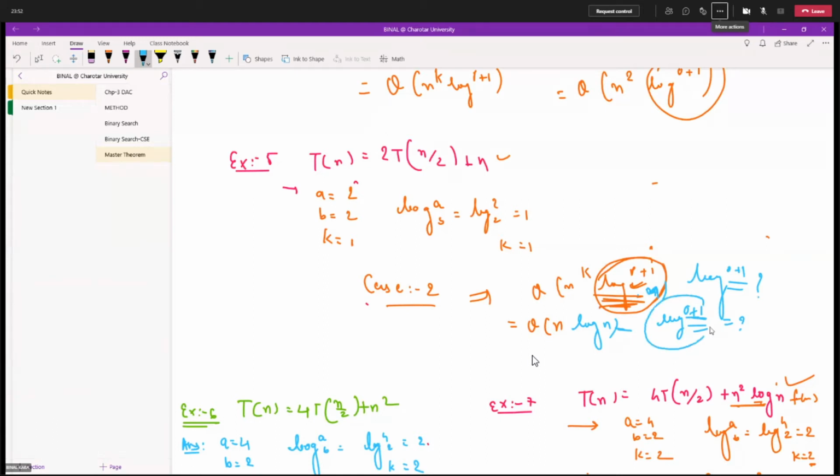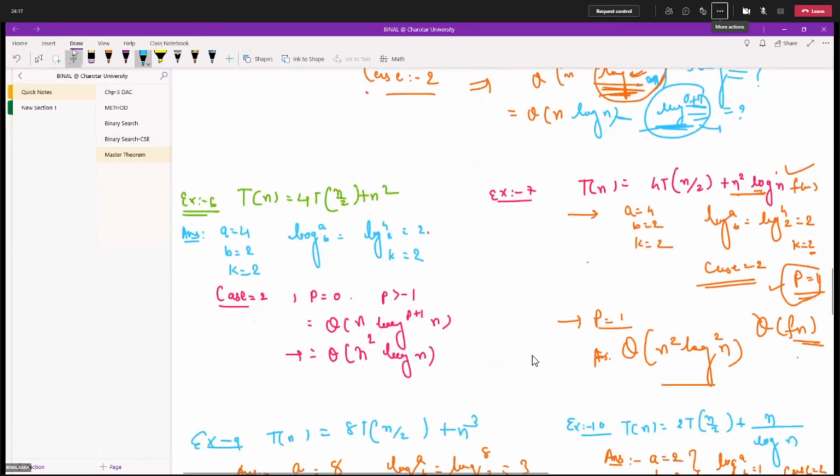I just want the answer for log 0 plus 1. n will come as it is, n is in the function itself, so we have to put it. There is no problem with n. Give the answer: log 0 plus 1 is obviously log 1, so that's why. Simple. Okay.